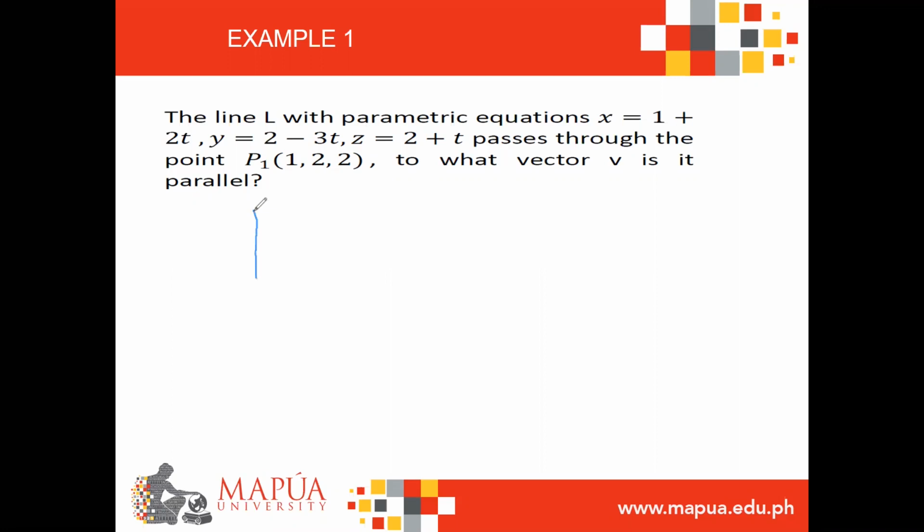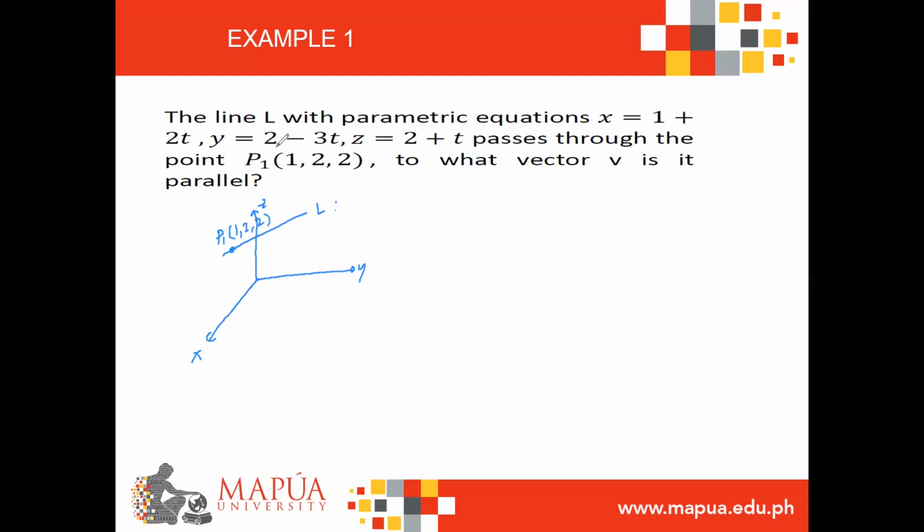So this is now your xyz axis. Then let us assume that we have here point P1 whose coordinates are given. And we have here this line L. So this line L will pass through the given point P1 whose coordinates are 1, 2, 2.